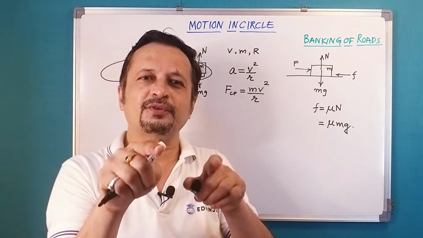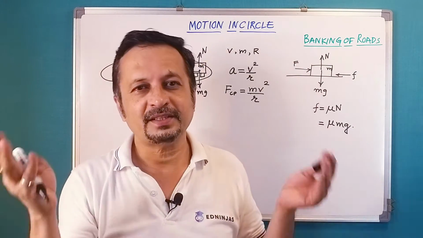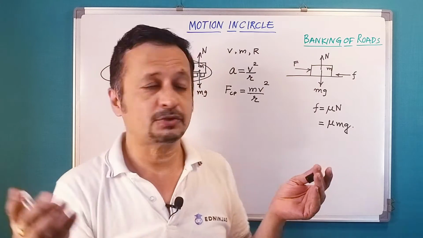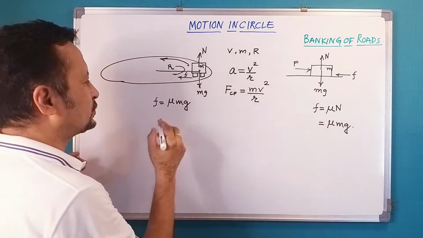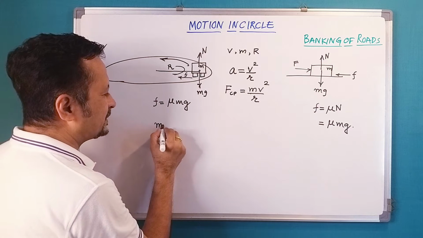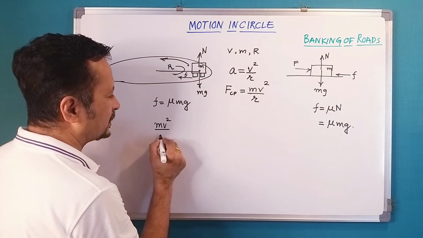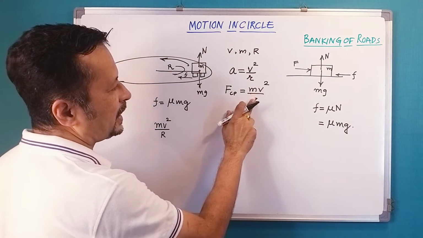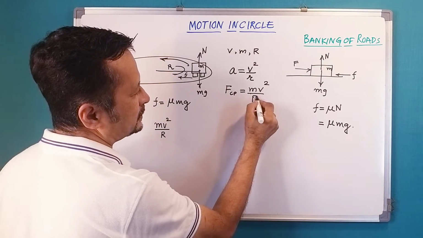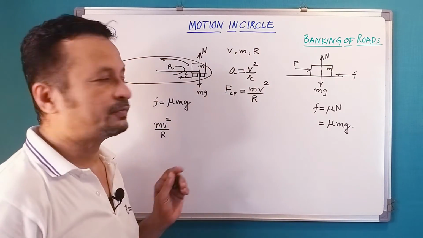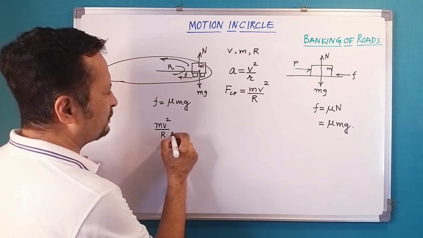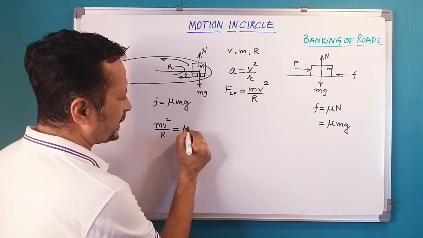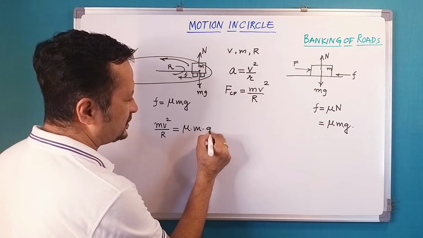Now this force of friction has to provide the necessary centripetal force, isn't it? So we can equate the frictional force with the centripetal force. So I would write this as mv square upon R. Here the R should be capital because I have taken the radius of the road as capital R. So mv square upon R would be equal to mu times mg.